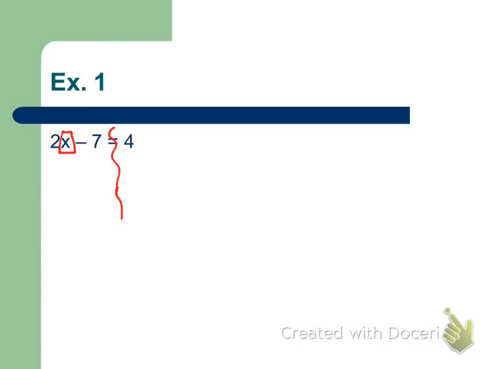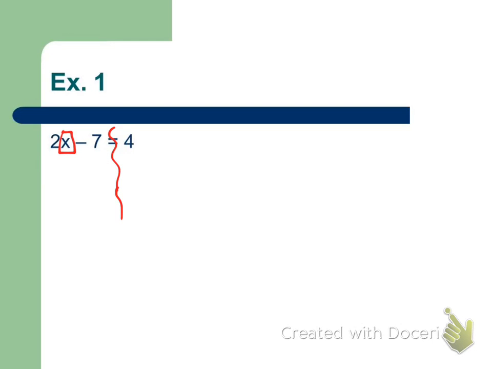So now we are going to start using our inverse operations in the opposite order. Normally, what would come first? Multiplication or subtraction? Multiplication would normally come first. But we are going to do it in the opposite order. So first we are going to deal with the subtraction.